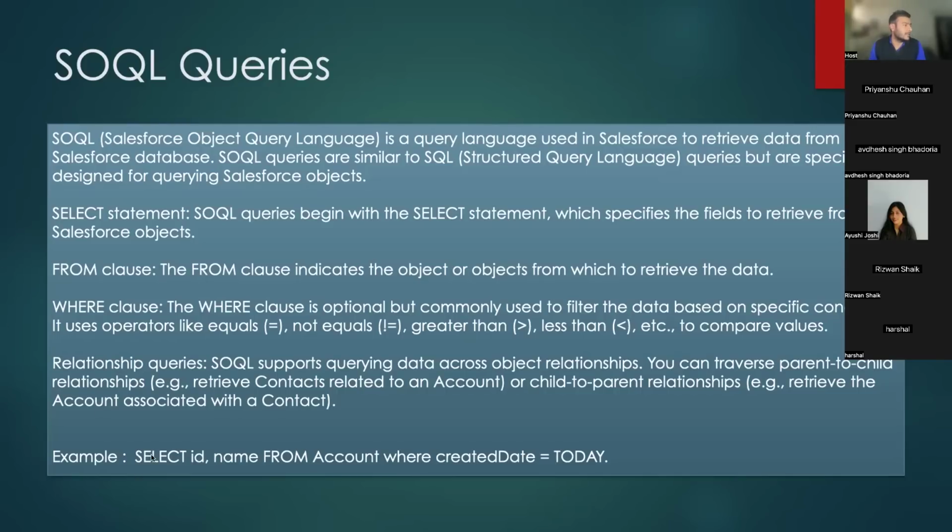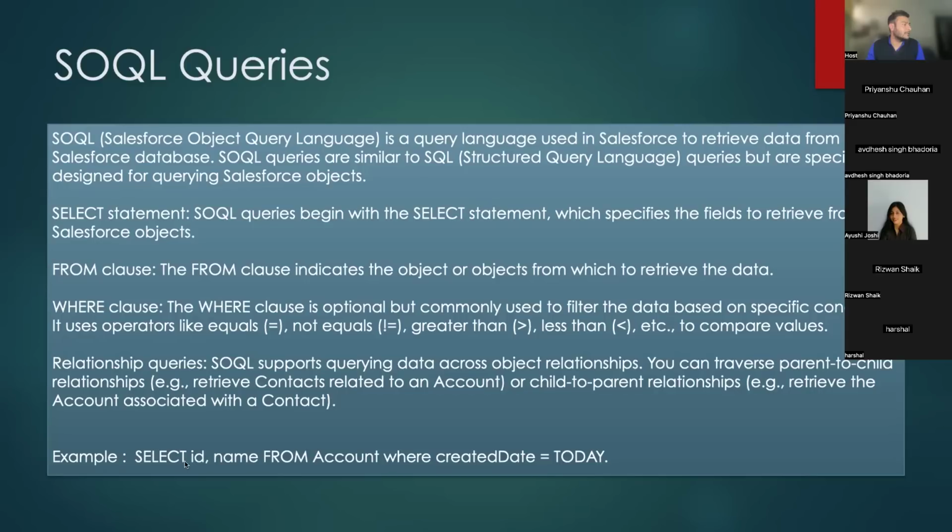So if you see this example, select Id, Name from Account where CreatedDate equals TODAY. What I'm trying to say is that I want to fetch the Id and Name from the Account table, and I want to fetch all such accounts which were created today. So this is the basic structure of a SOQL query.